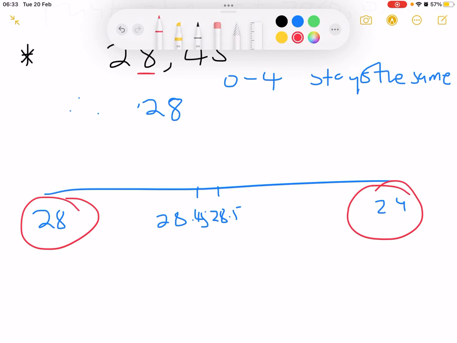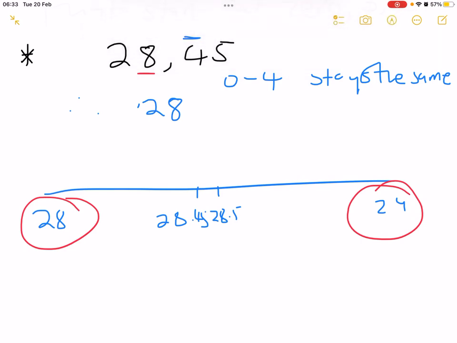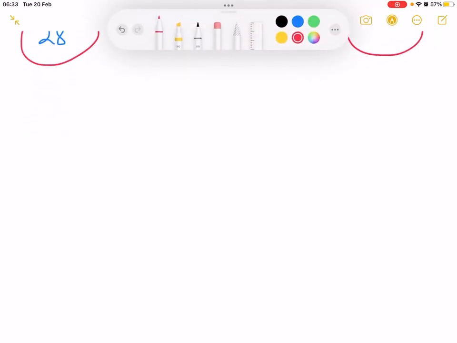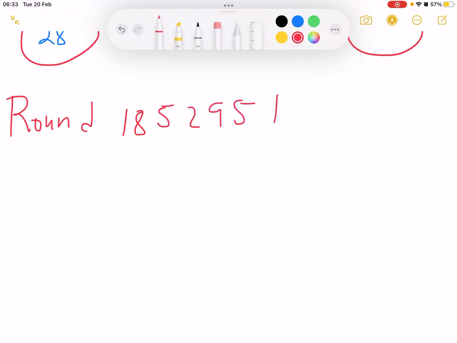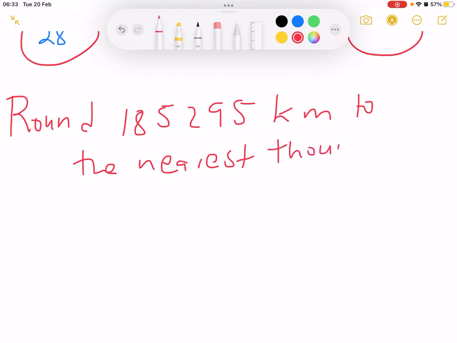And then in other cases, you may find an example like this, whereby they say round 185.295 kilometers to the nearest 1,000. So identify the rounding digit. The rounding digit here is what? It's 1,000.